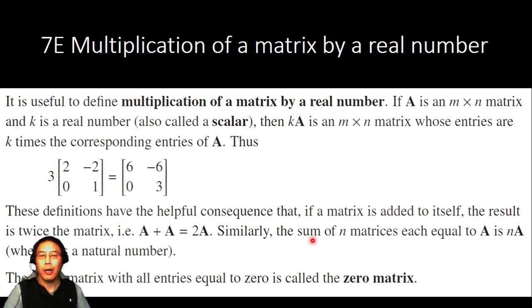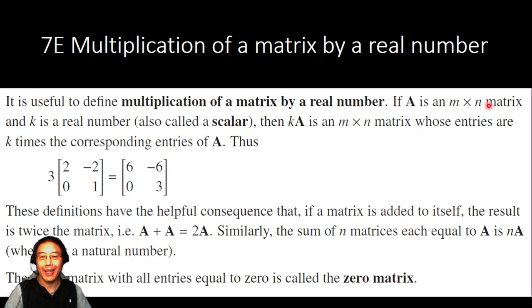Okay, let's multiply by a real number. So it's what we call a multiplication of a matrix by a real number. When you multiply, you start with a matrix of dimension m by n, meaning m rows, n columns.